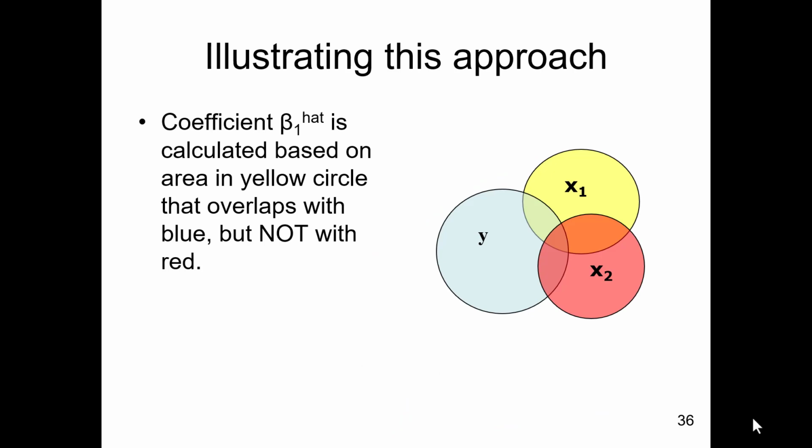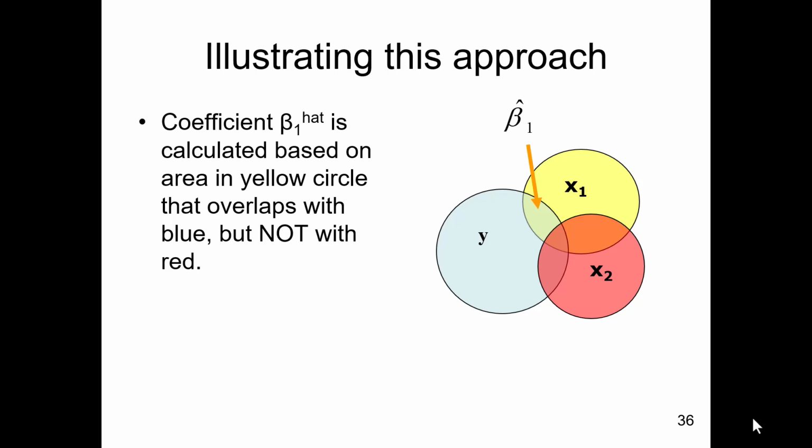Another way we could look at this is to imagine that the slope for x1, the regression coefficient, is looking at the independent relationship between x1 and y while holding x2 constant.